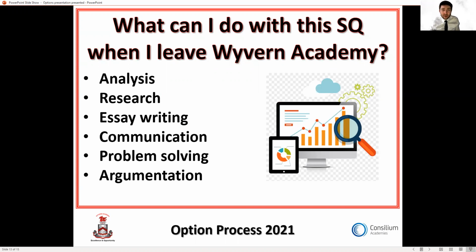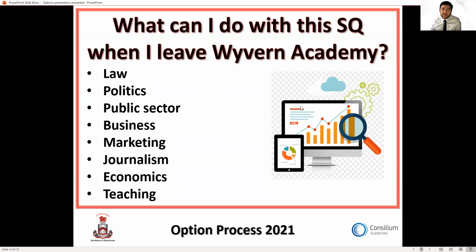vocational or not, okay? So as I was just saying, these are a few, not all, but a few of the jobs that history opens up to you. Law is a very popular one because you're dealing with lots of evidence, and you're backing a piece of evidence or pieces of evidence with that. Politics is another one.